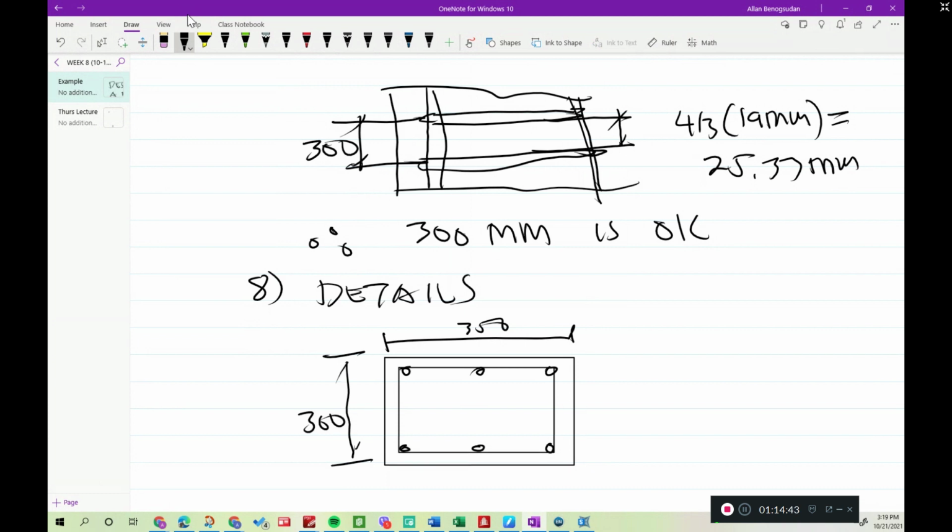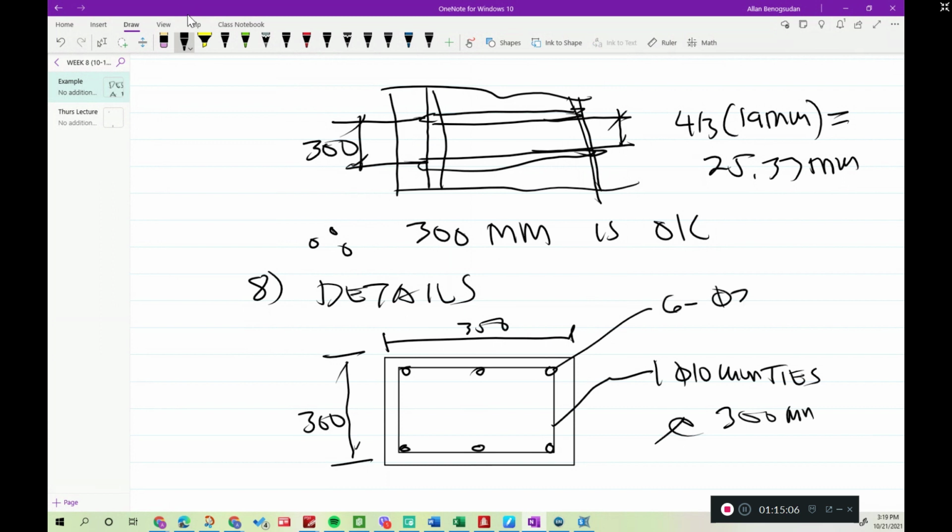This is 10 mm ties, then 300, then you have your 622 mm vertical bars. So that's the end.